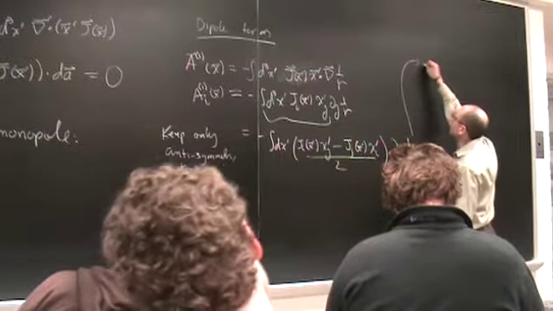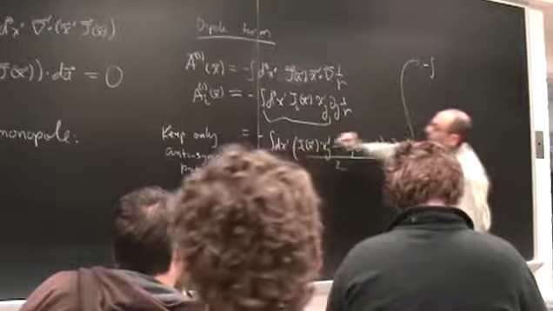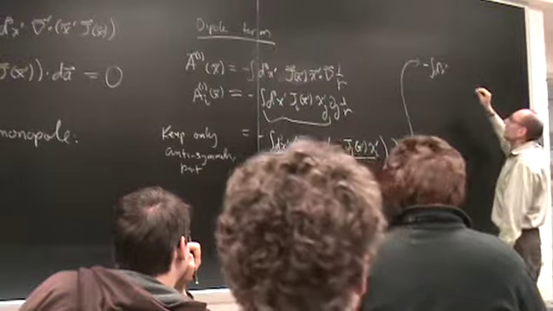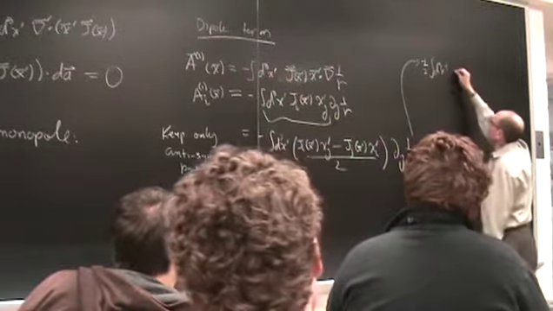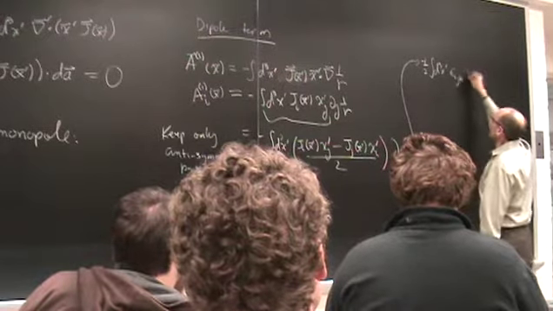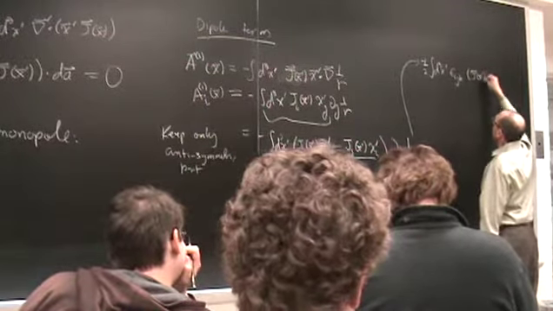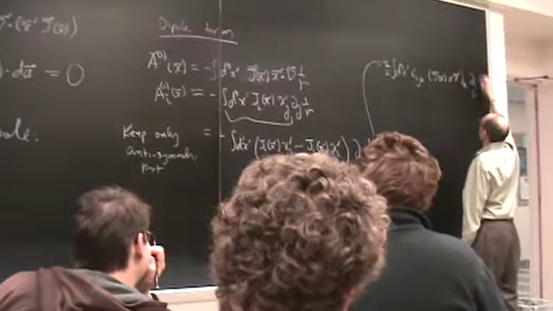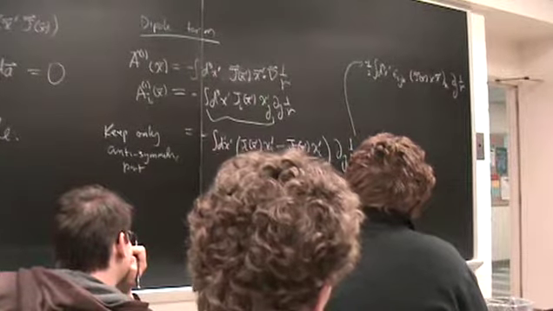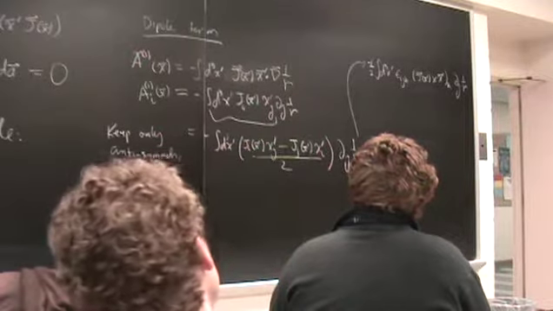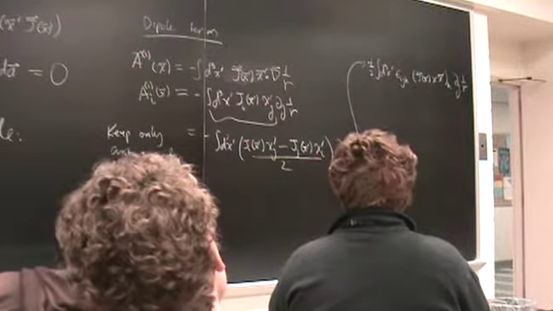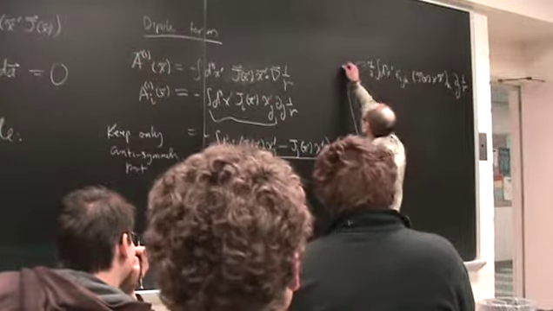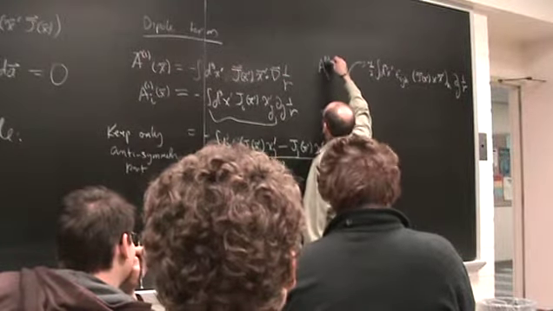So that is equal to minus the integral over x prime, with the half out front, epsilon ijk, j at x prime crossed into x prime k, partial j 1 over r. And that's equal to A sub i.